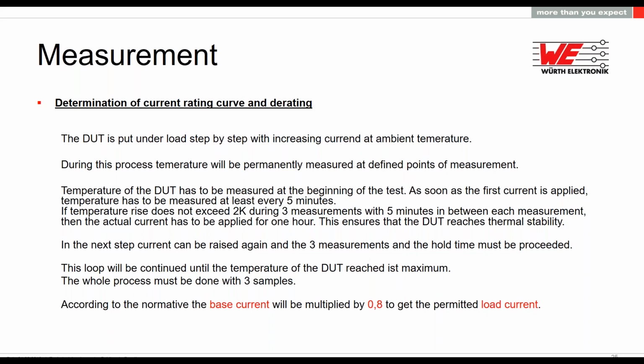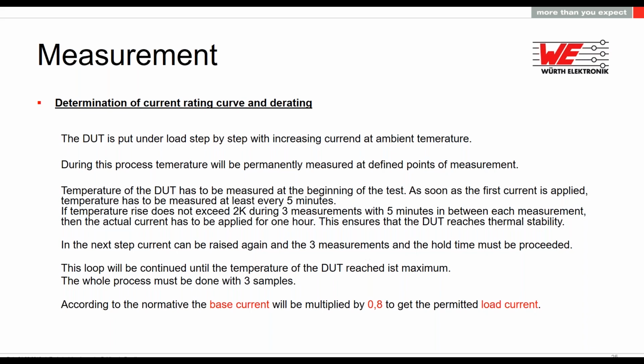And if the temperature rise is lower than 2 Kelvin during 3 measurements with 5 minutes in between each measurement, then we have to stabilize the whole system for 1 hour with that current to be sure that it has everywhere the same temperature and nothing happens anymore. Only after that are we allowed to go on with our measurement.